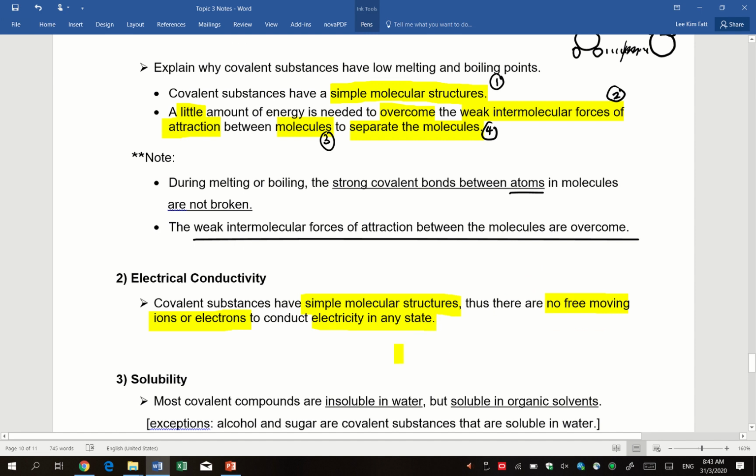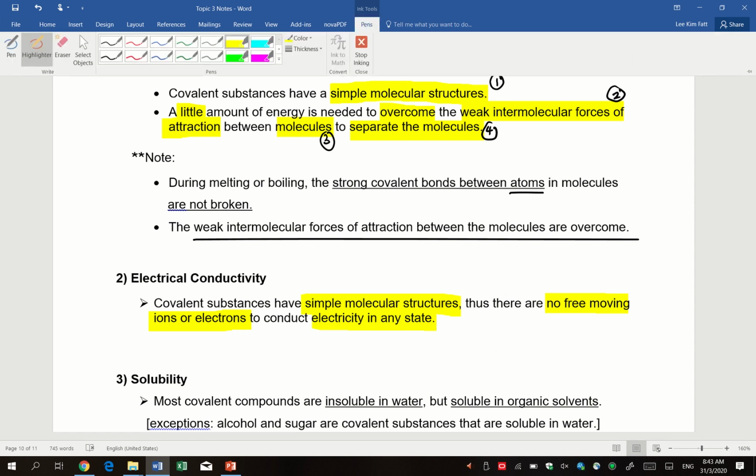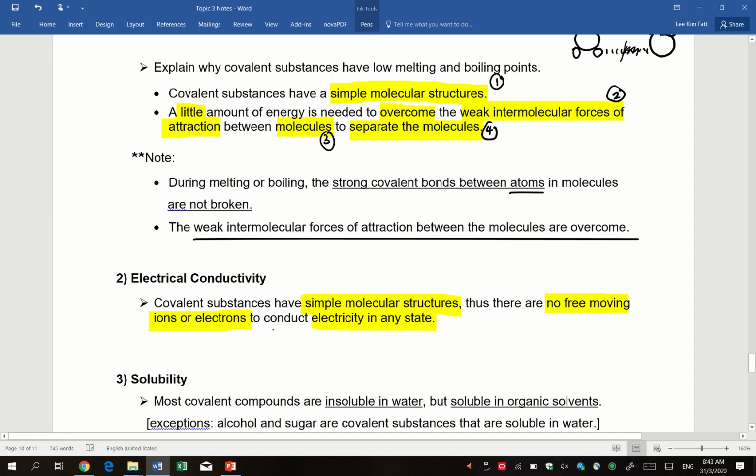So if you were to state the electrical conductivity of covalent substances, you need to tell me that covalent substances do not conduct electricity in any state. And of course this whole thing then will be your explanation why. It's again due to the simple molecular structure that they have.